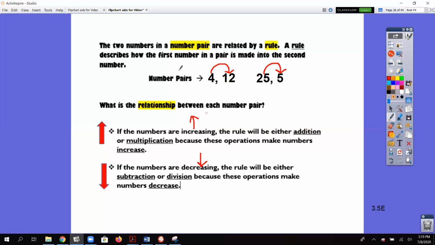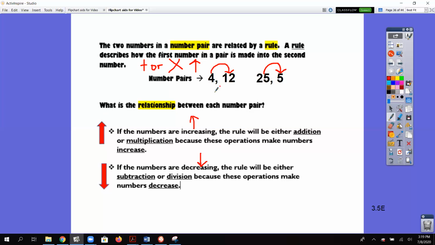Okay, so from 4 to 12, are the numbers increasing or decreasing? They are increasing, right? So going back to this rule, it either has to be addition or multiplication. So how did they get from 4 to 12?